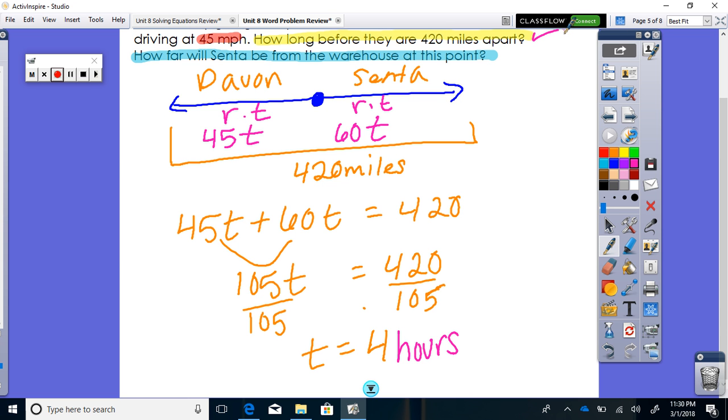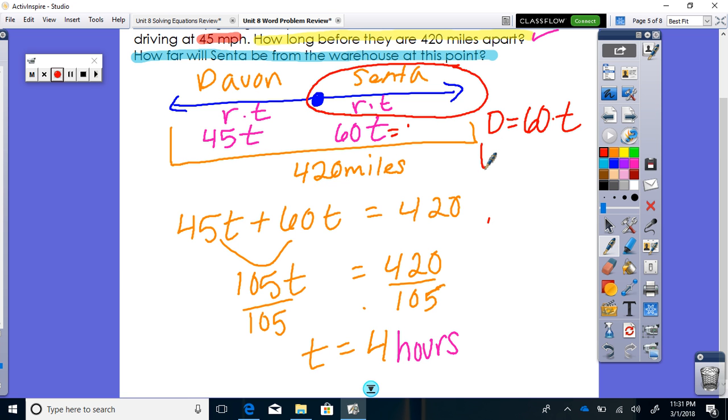Check. We have not answered how far will Senta be from the warehouse at this point. So for that question, we want to look just at Senta's distance here, just this part. We have Senta's rate times time equals 60 times t. So her distance, or his distance, will be 60 times t.